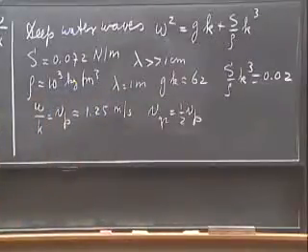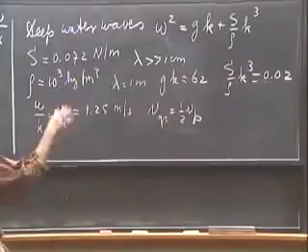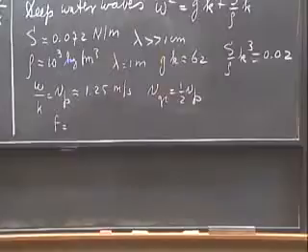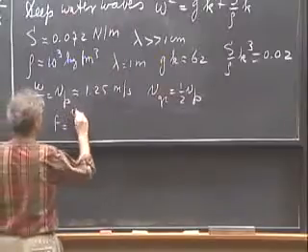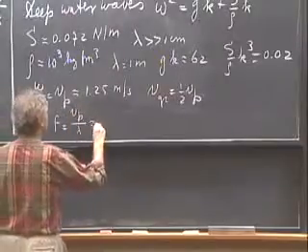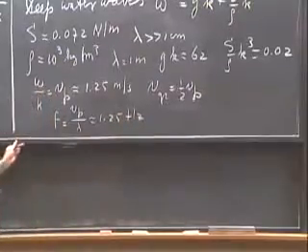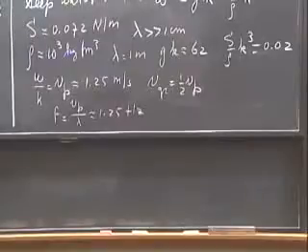And if you want to know what frequency the water is hopping up and down, well, the frequency, of course, is the phase velocity divided by lambda. So that is about 1.25 hertz. So it's a little faster than 1 oscillation per second.